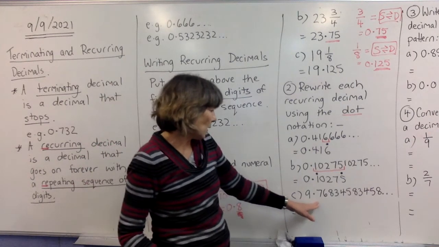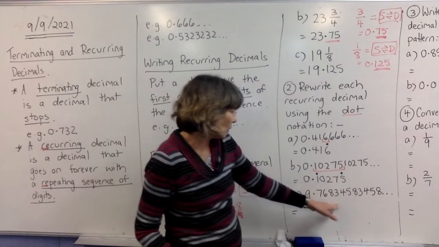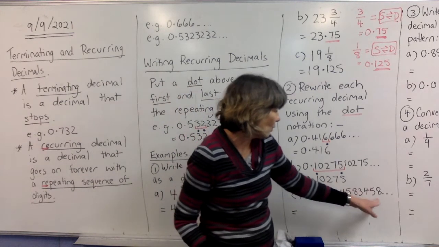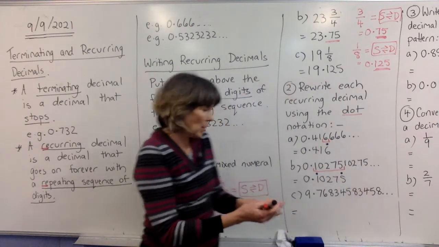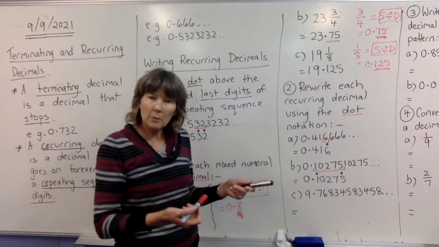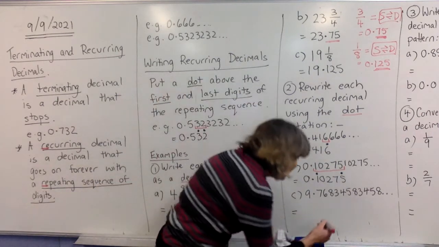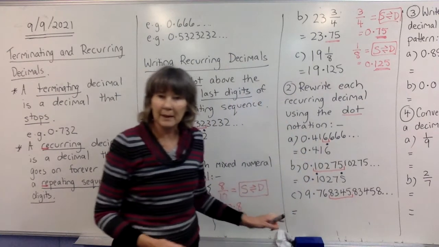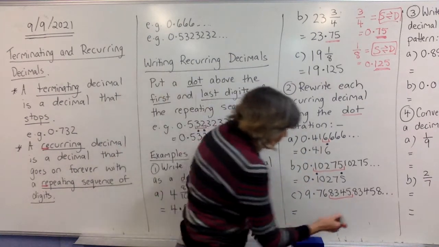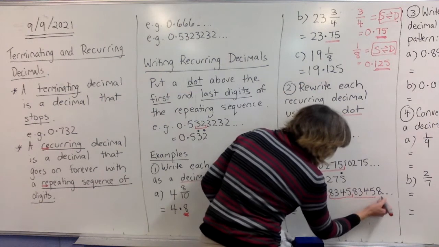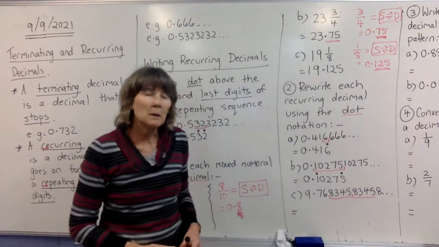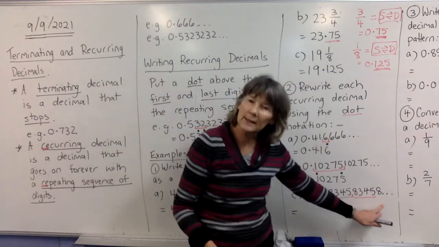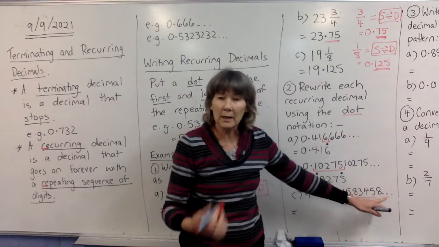We have 9.7683458345. All right, now, they get a little bit tricky sometimes, but I hope you can see that that's the bit that's repeating. Now, some people go, oh, okay, I can see that, but then all I see there is an 8. But all they're doing is showing you that the next digit would be an 8, and it's going to continue.